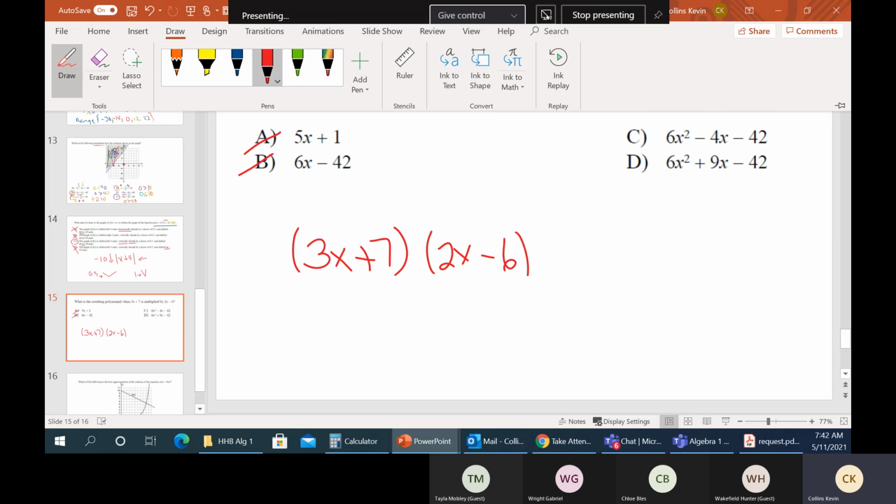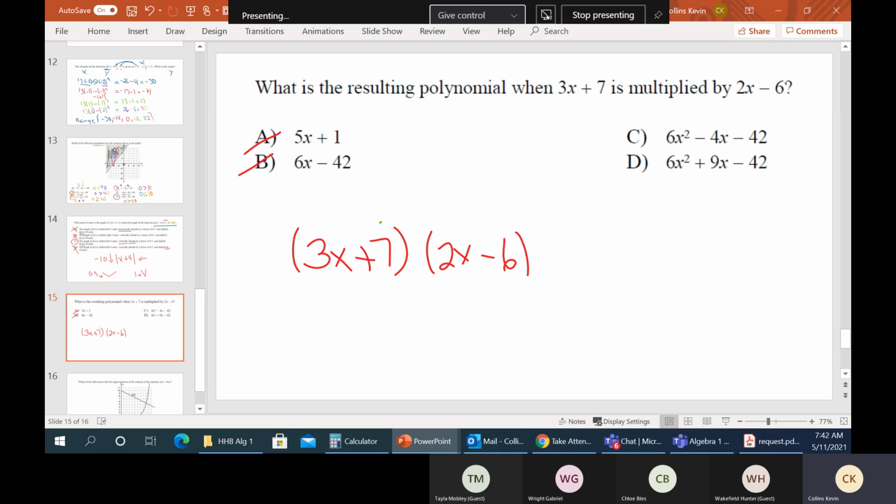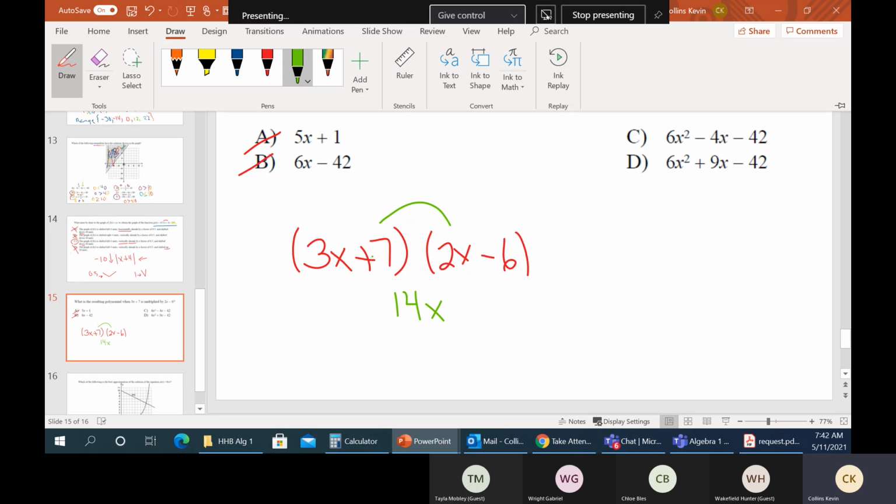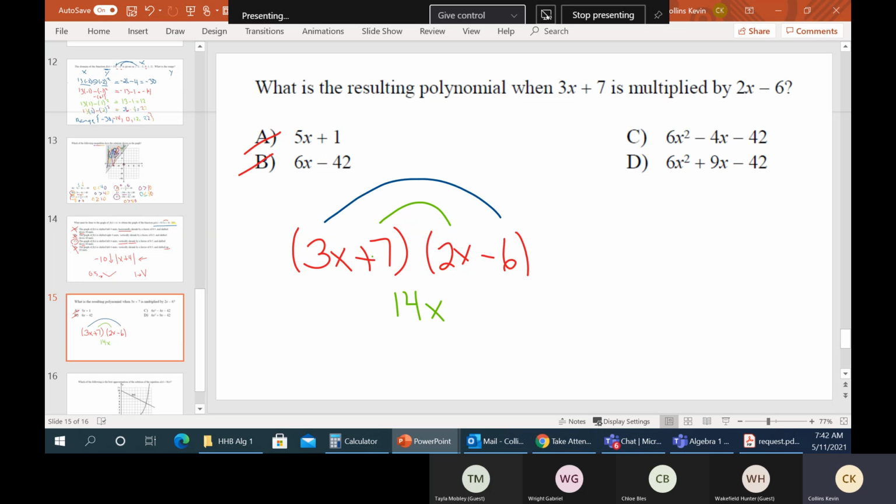So inside guys is this, right? So 7 times 2, that's going to be 14, right? So that's 14x. And then let's look at outside guys. So outside guys is going to be 3 times minus 6, that's going to be minus 18x.